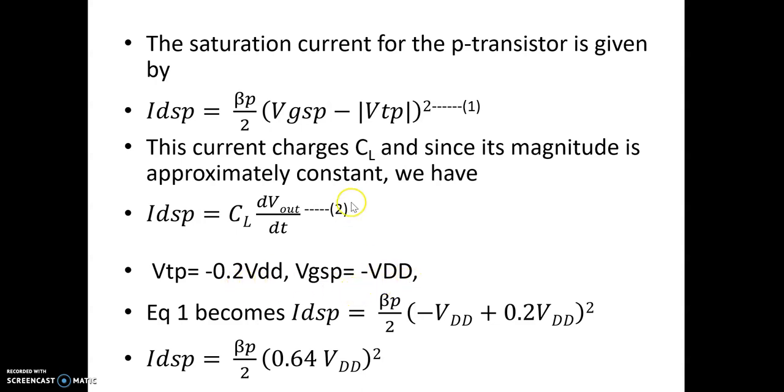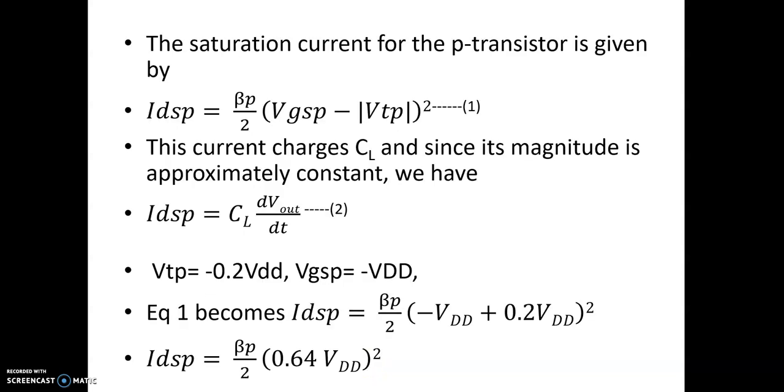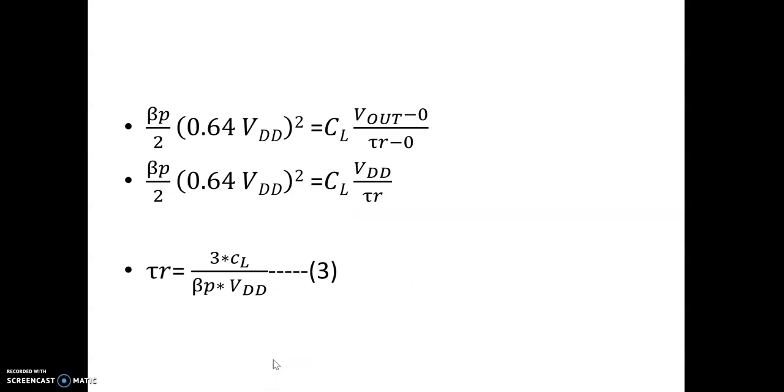Substituting these two values in the first equation, we get IDSP equal to beta P by 2 times 0.64 VDD whole square. Equating the two expressions for IDSP, both are equal, since the same current flowing through the P channel is charging the capacitor. So these two current equations are the same.